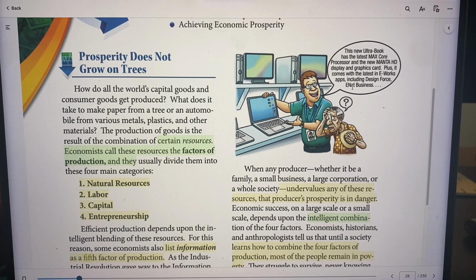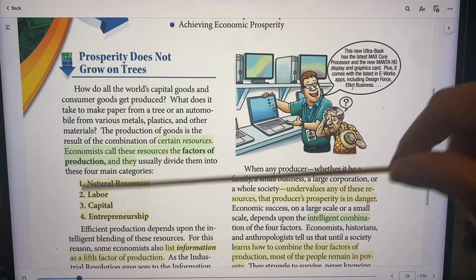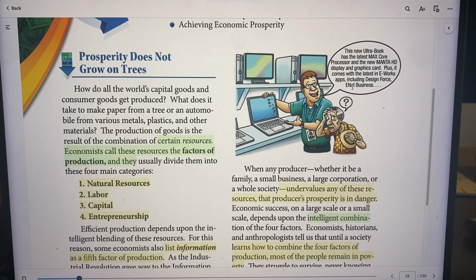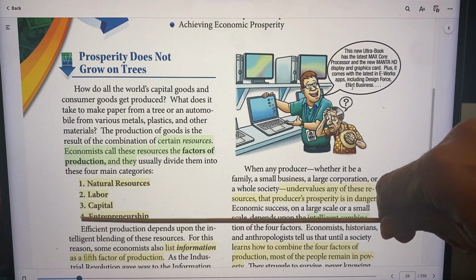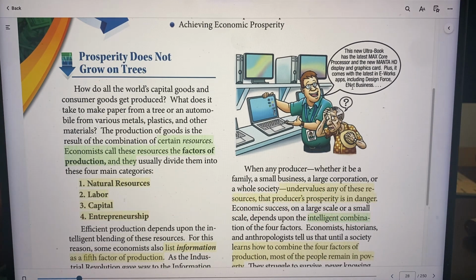But anyway, when any producer, whether family, small business, large corporation, or whole society, undervalues any of these resources that produce prosperity, they'll be in danger. So if any economy doesn't go by these four things and they disregard entrepreneurship or capital or something, they're going to end up in trouble.